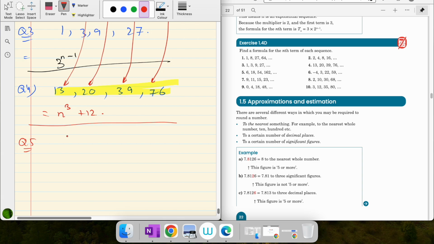Question number 5. 6, 18, 54, 162. Check if all of these are divisible by 6.